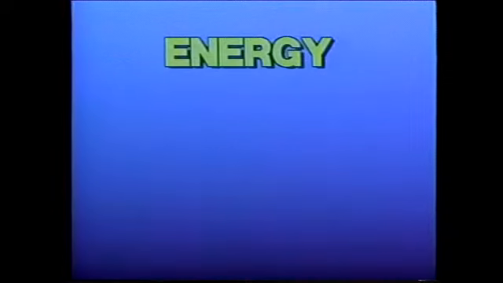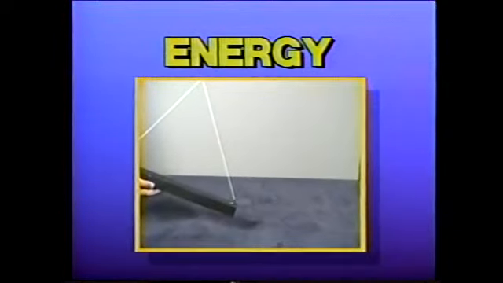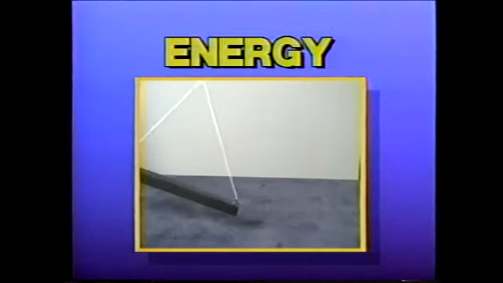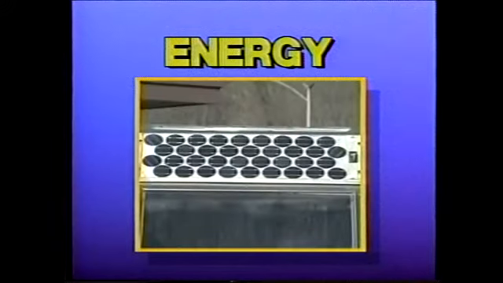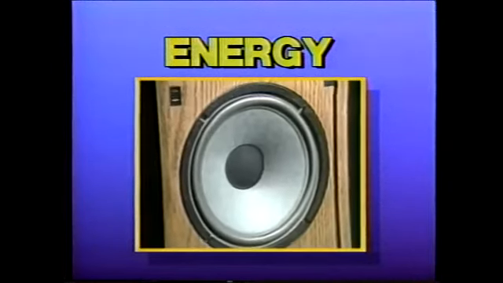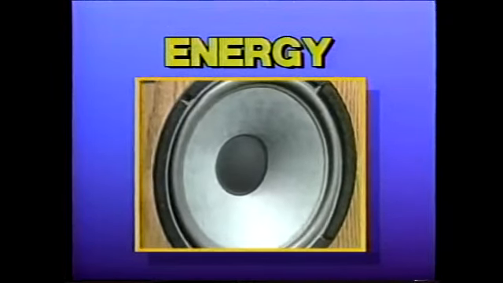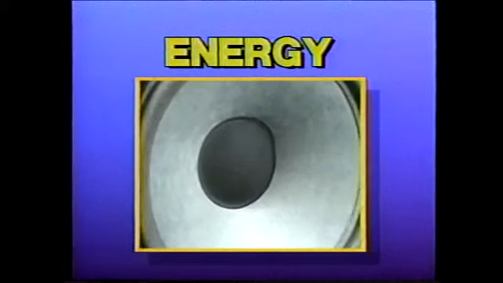Now, it takes energy of some kind to apply a force. Energy can occur in several different forms: mechanical, like our swinging rod; electrical, heat, light, chemical, and even sound. These forms of energy can be converted from one to another.